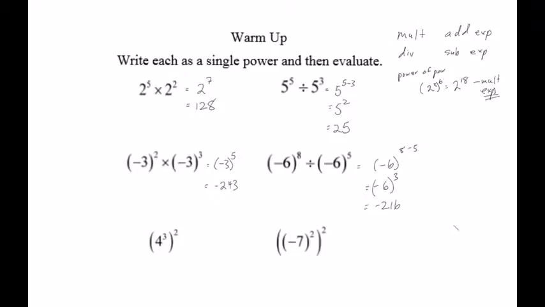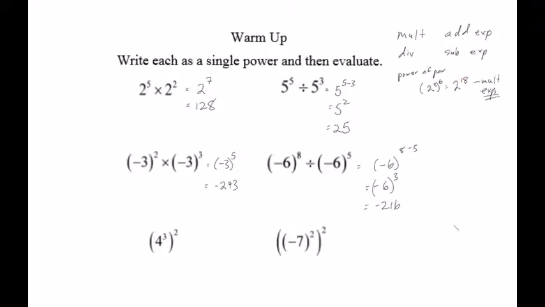Now, for the last one, we have some difficulty. I would suggest that you pause the video here, review your power of a power, and then try these last two. With power of a power, like our example up here, we took the 3 and the 6 and multiplied to get our exponent to be 18.